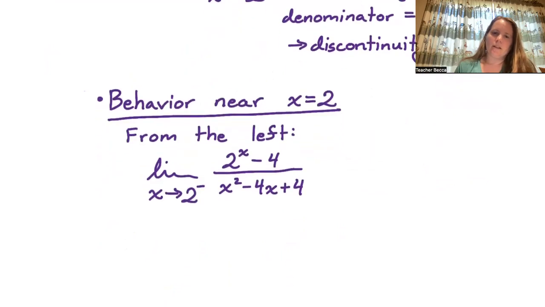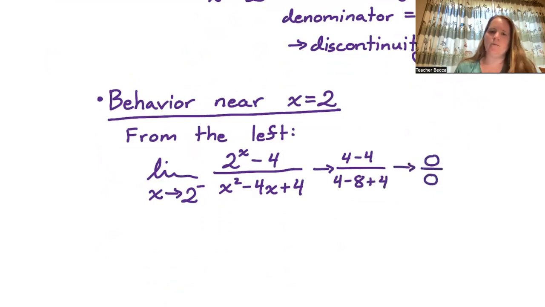If we plug in 2, this would be 4 minus 4 over 4 minus 8 plus 4, which is indeed a 0 over 0 situation. So we will use L'Hopital's.